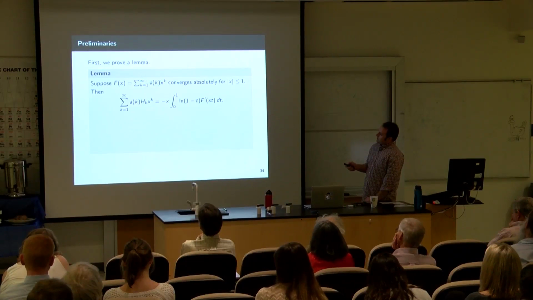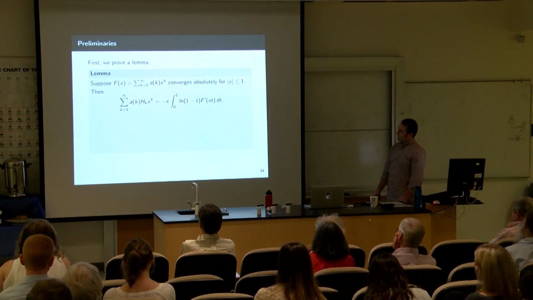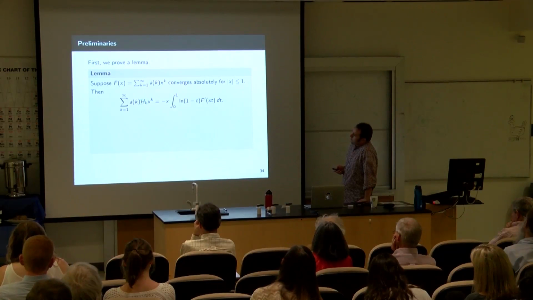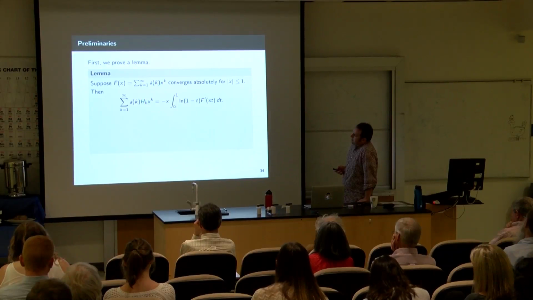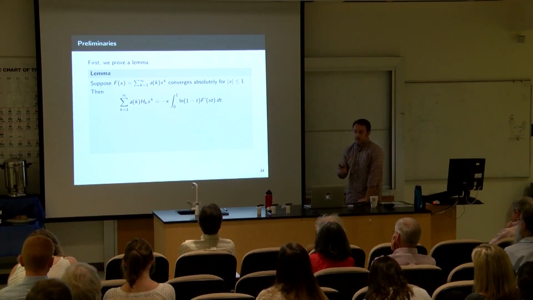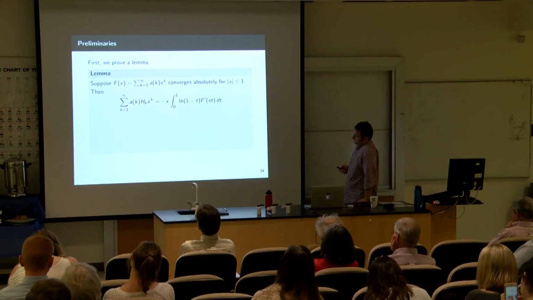So suppose you have a power series that converges absolutely for x less than or equal to 1 in absolute value. Then you can basically insert H_k into each term. Into the kth term, you insert H_k as a constant. This new power series is equal to this integral.